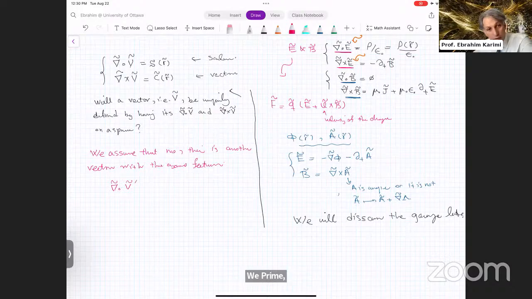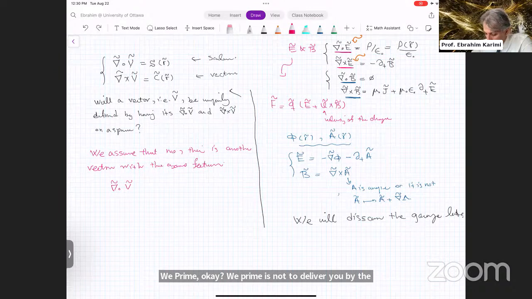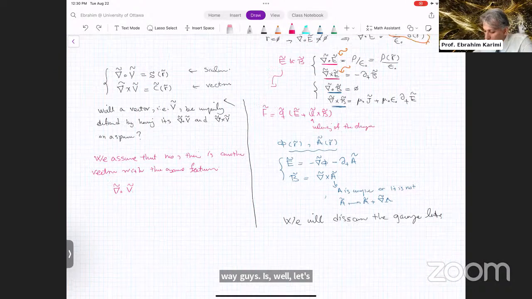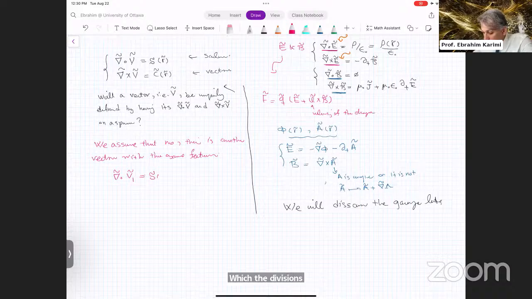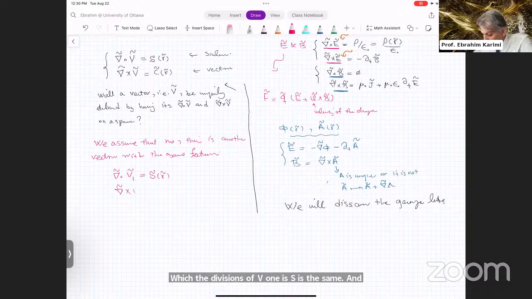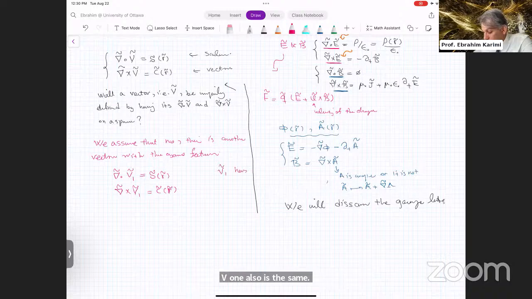V prime is not a derivative, by the way, guys. Well, let's call it V1, whose divergence is the same, and the curl of V1 is also the same. V1 has the same properties.